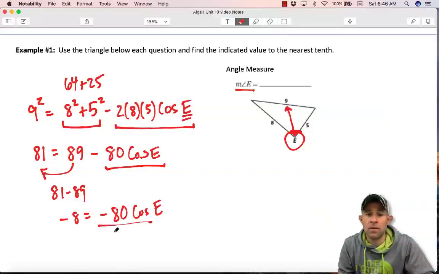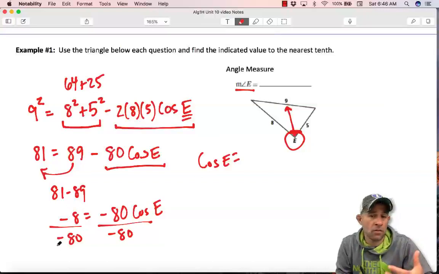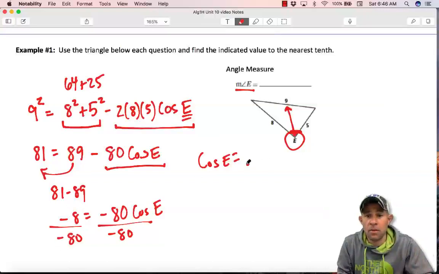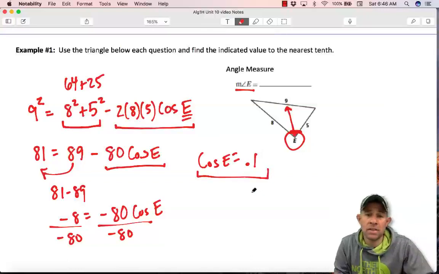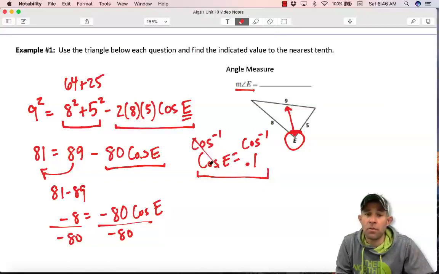My next step now is to divide off that negative 80. So I'm going to divide by negative 80, and that gives me cosine E is equal to negative 8 over negative 80. Negative over negative is a positive, and that's going to give me 0.1. So now I have cosine of an angle is equal to 0.1. I'm going to undo that by taking the inverse cosine of both sides.